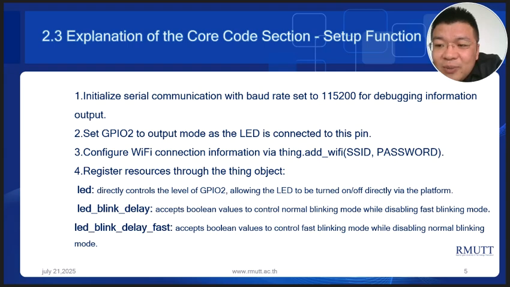Connection of the control is used. The GPIO mode configures the pin to output mode. The Wi-Fi connection is called with the SSID plus password, so the ESP32 connects to the Wi-Fi network. Now we present the control code.